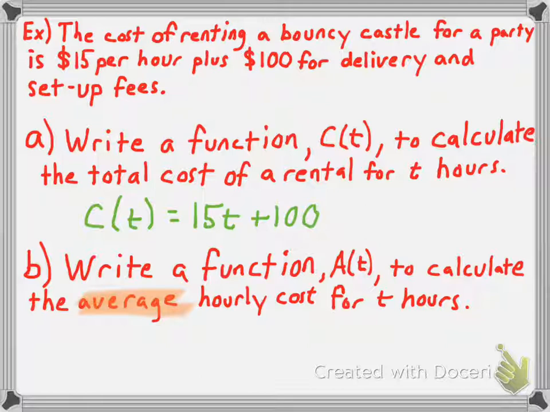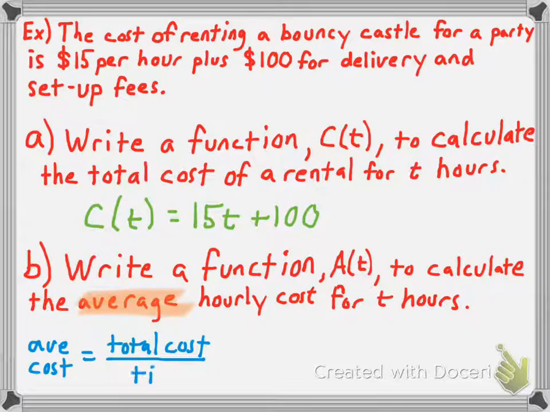Generally speaking, whenever you calculate an average, and let's do this in terms of an average cost, an average cost would equal the total cost divided by time in an instance like this. It could be divided by a number of units in another context of a problem. So the total cost divided by the time will give us the average cost of the rental.